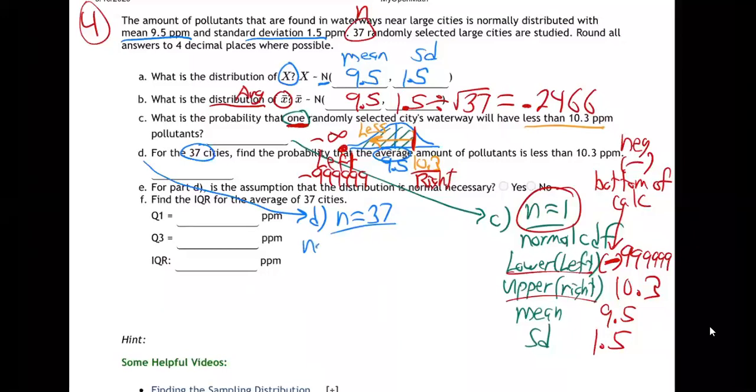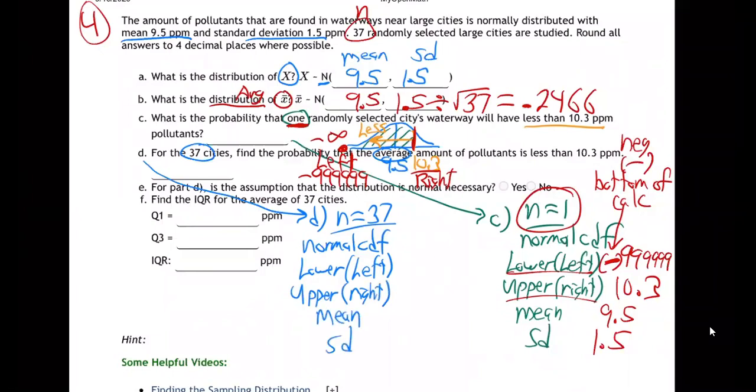So again, we're going to do normal CDF. We're going to have to do lower or left edge, upper or right edge, mean and standard. So all these numbers are basically the same.